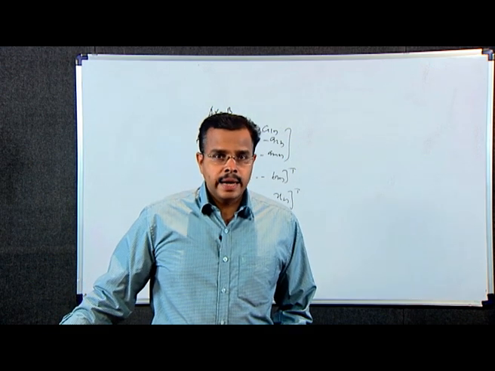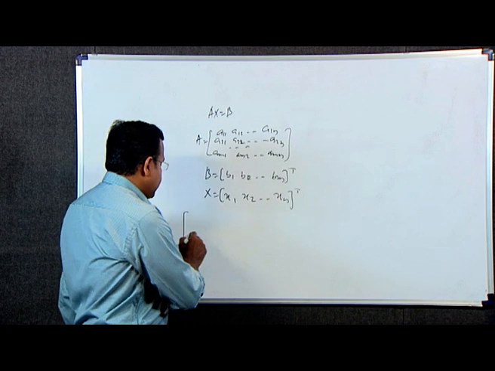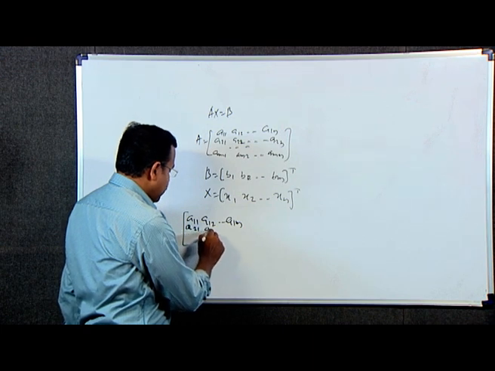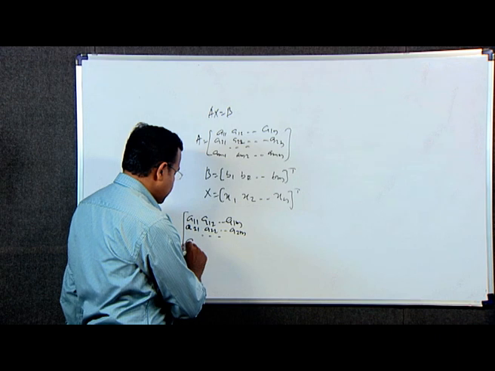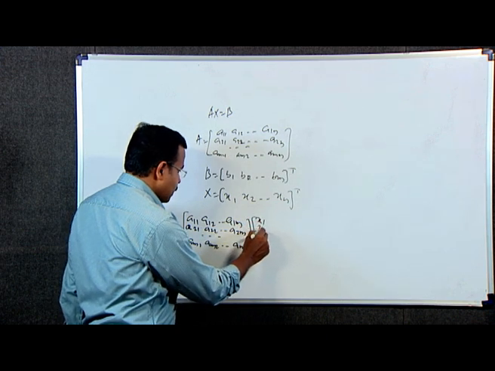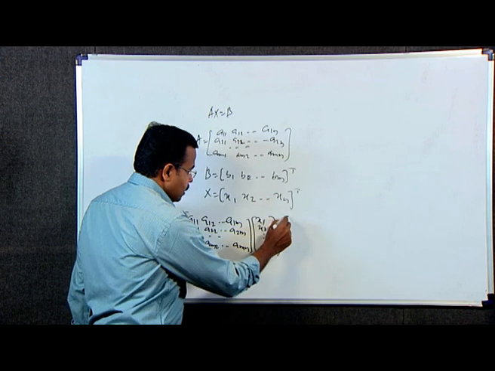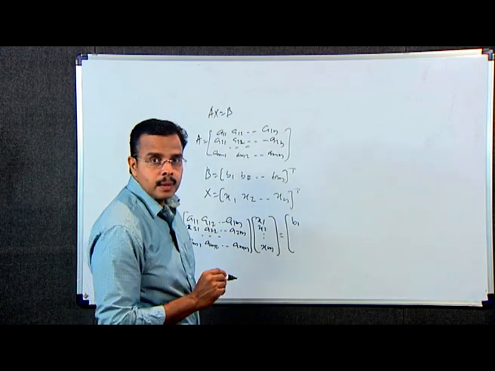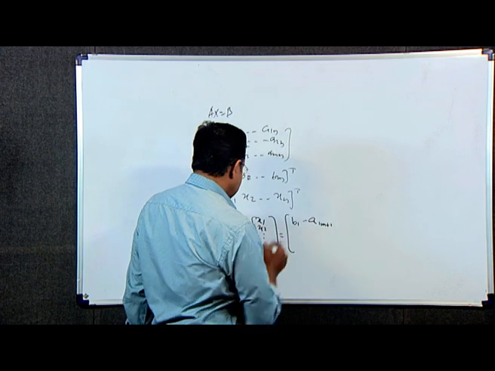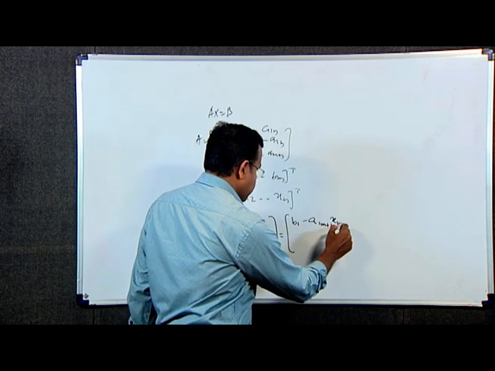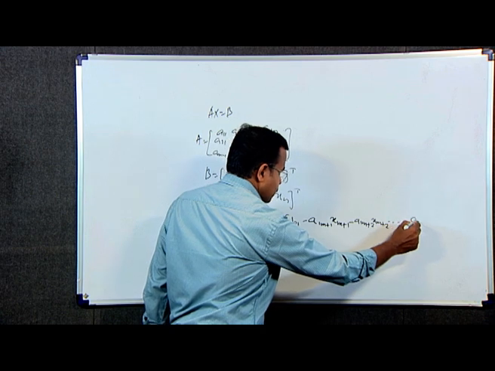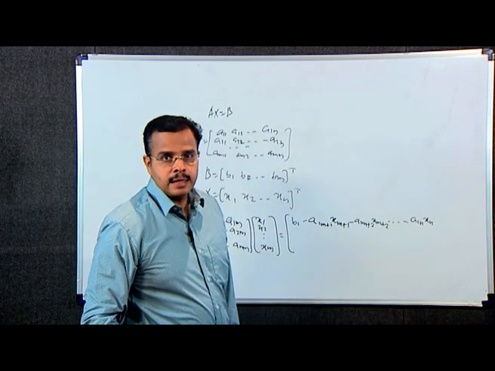Ax equal to b can be written as the matrix with rows a11, a12, etc., a1m; a21, a22, etc., a2m; am1, am2, etc., amm, into x1, x2, etc., xm, that is equal to b1 minus a1 m+1 x m+1 minus a1 m+2 x m+2, etc., minus a1n xn.